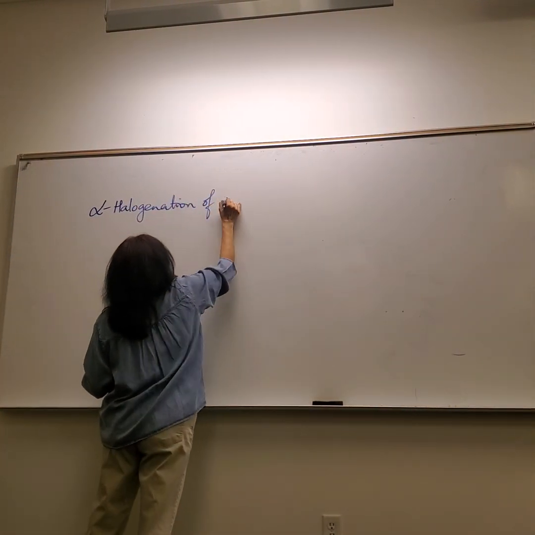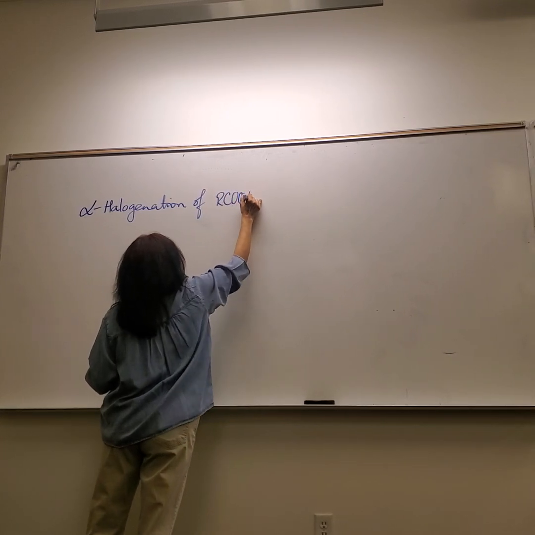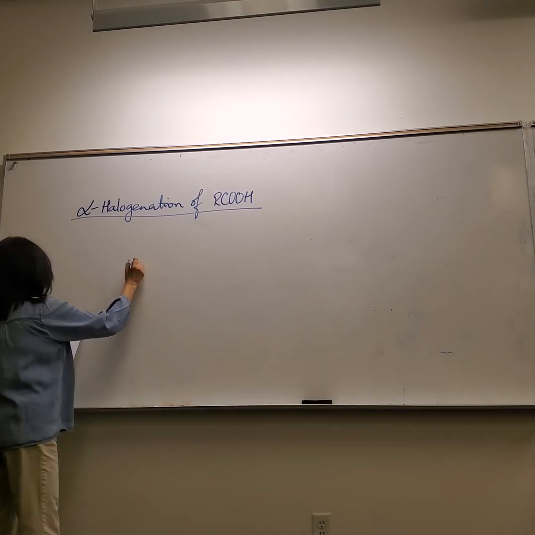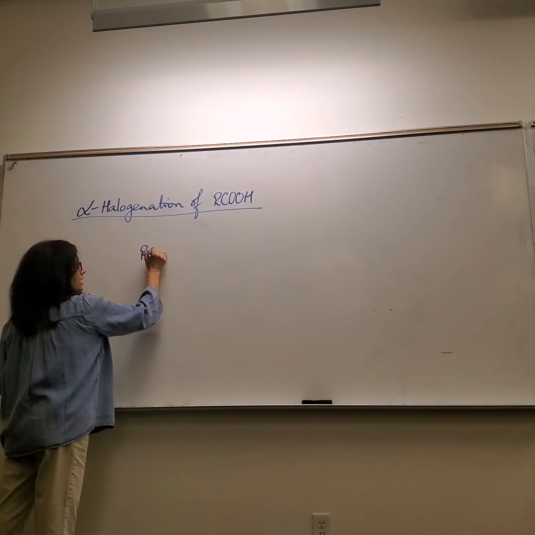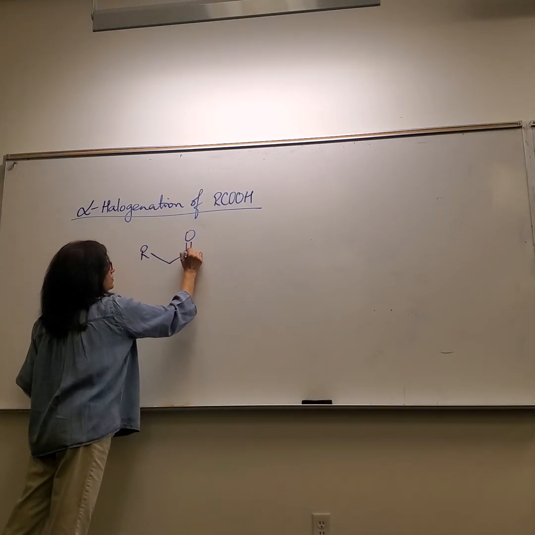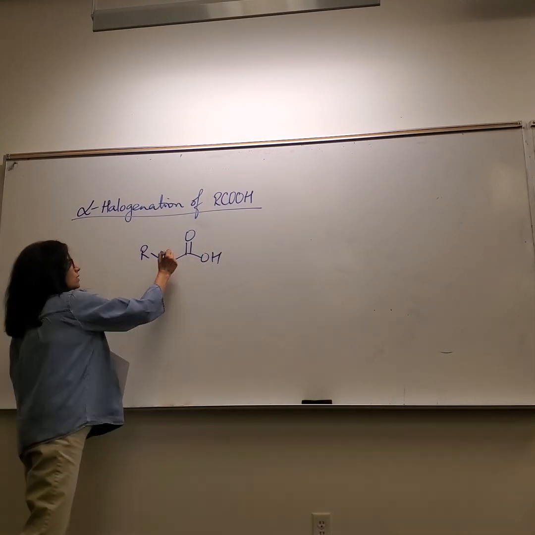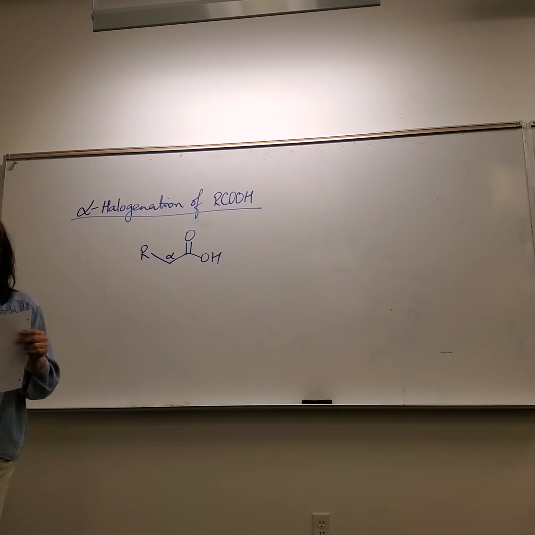A carboxylic acid that has hydrogens on the alpha position. Again, we need hydrogen on that alpha carbon. This is all about the hydrogen on that alpha carbon.